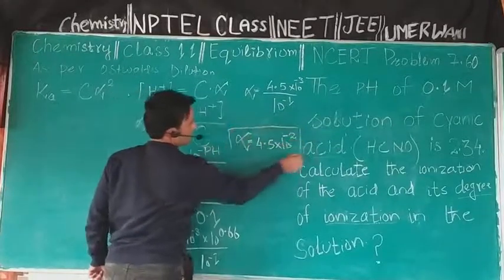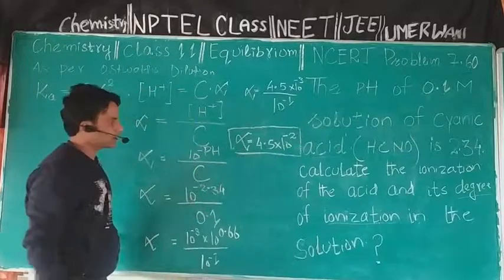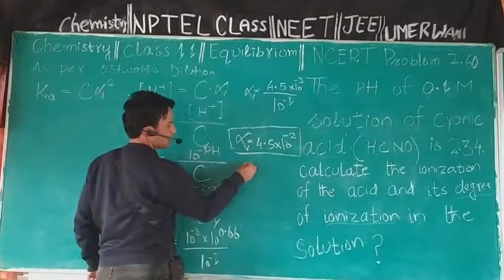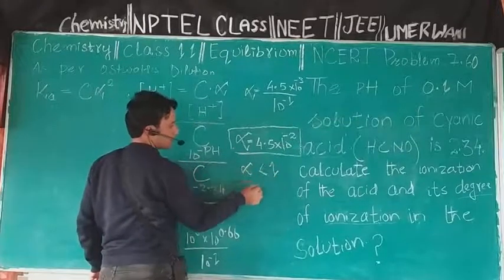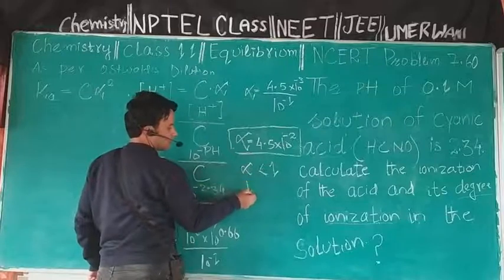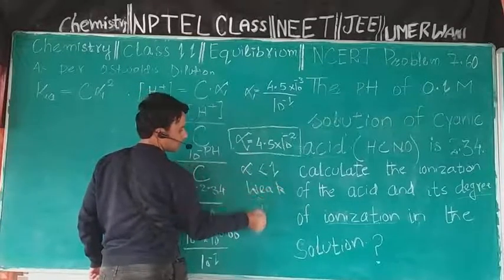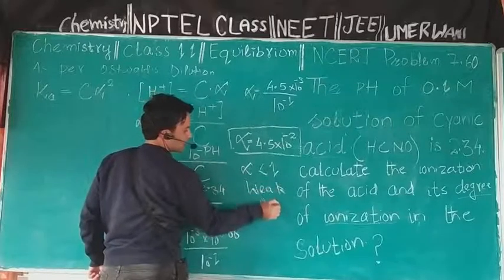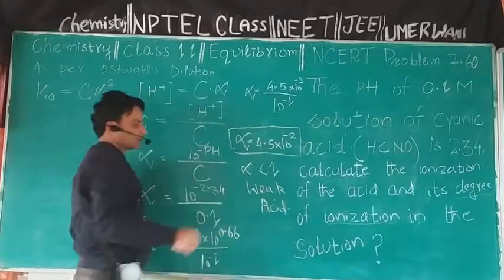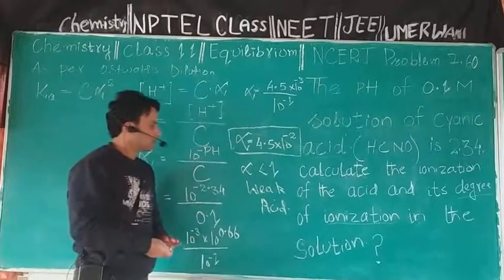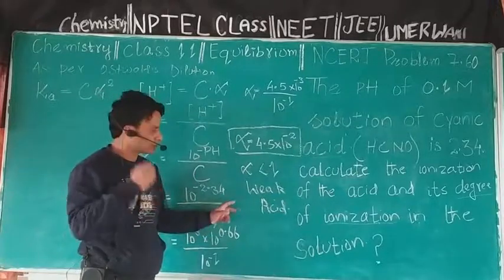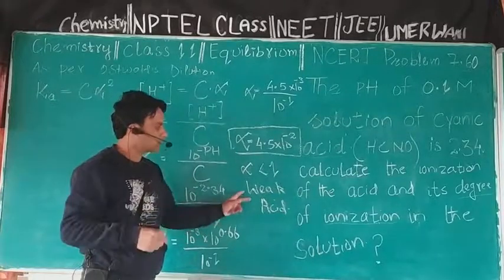You see, from the value of degree of ionization, it is clear that it is less than 1. So we confirm that cyanic acid is a weak acid. This is confirmation of what we proposed about it, that it is a weak acid.